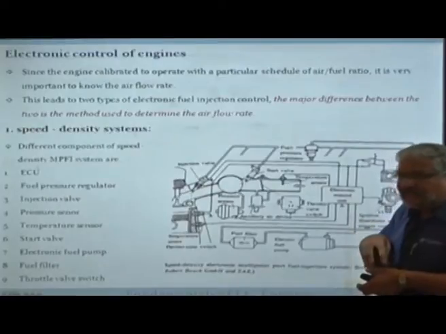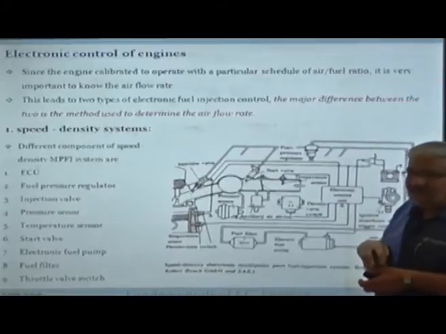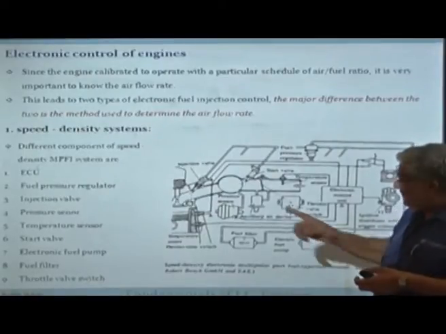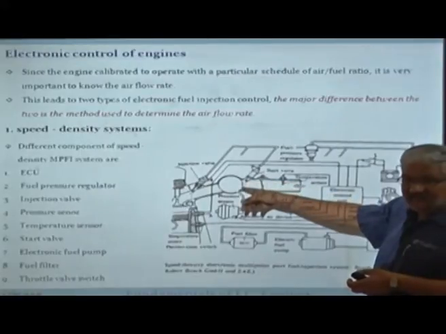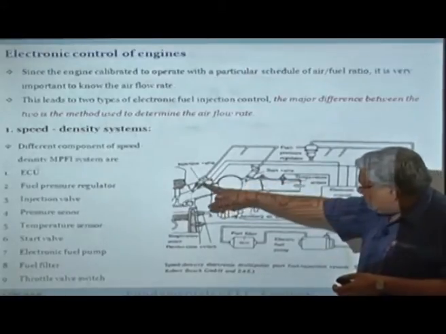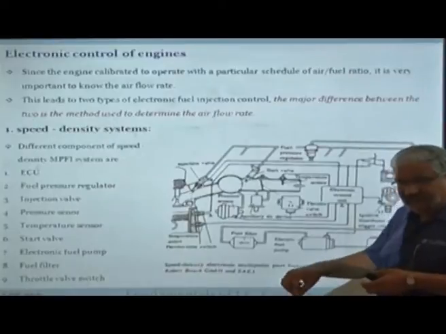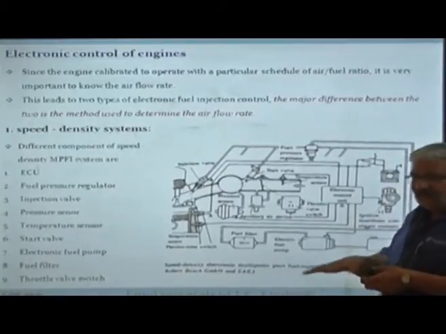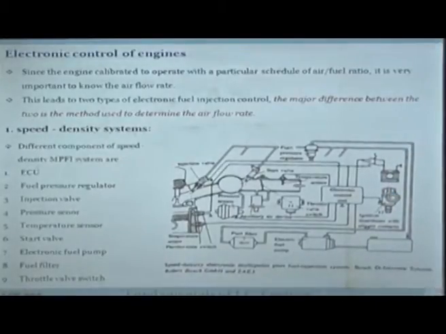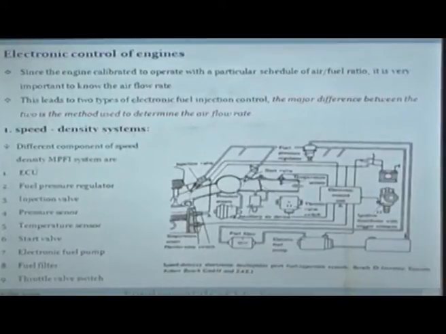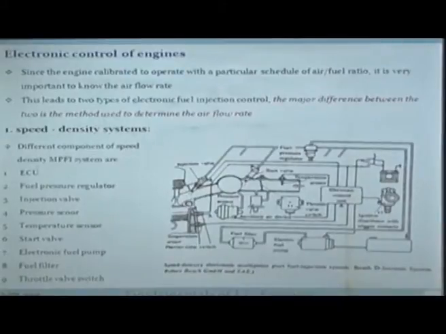So, this is just like a single point injection, and it says start valve, that means it will be injecting the fuel only when you have to start the engine, and as I told you, if the engine is cold you have to do some mixture enrichment, and so the extra fuel is provided by this. And then this is one of those valves which is located in each of the cylinders. So, if it is a 4 cylinder engine, you actually will have 5 injectors in it, 1 central and 4, 1 in each manifold.